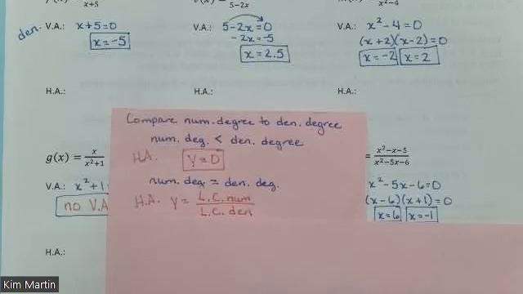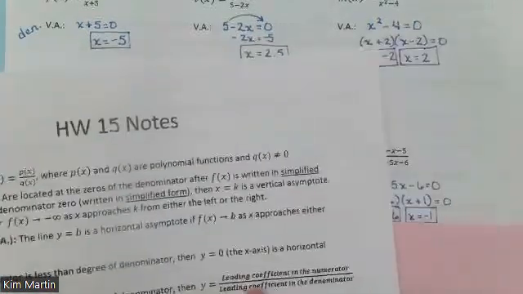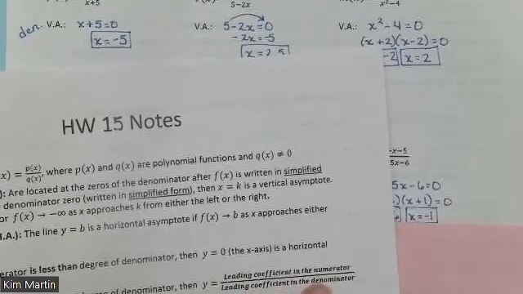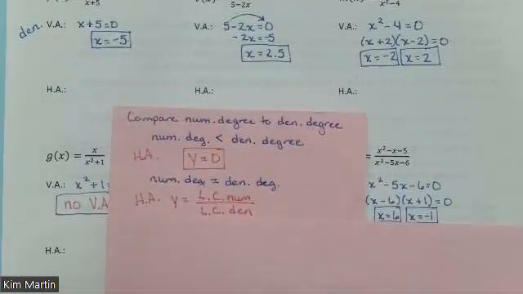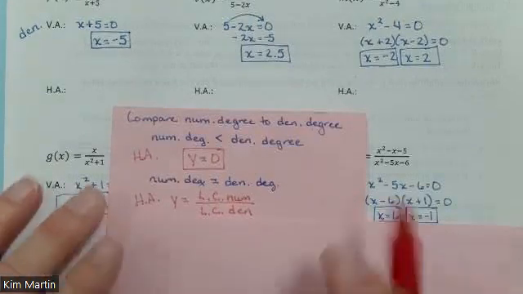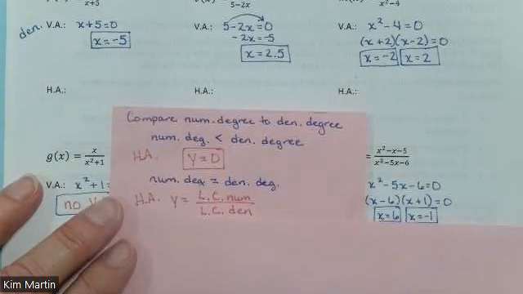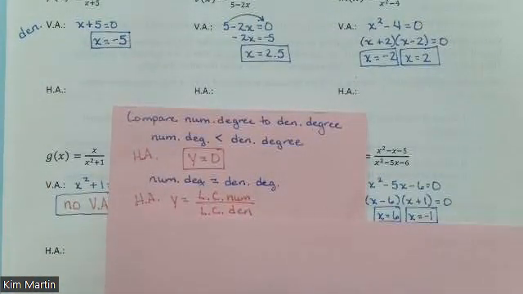If you look on the front page, you'll see leading coefficient of numerator in the numerator, leading coefficient in the denominator. I just didn't need that because I know what LC means to me. So you're going to have some constant there. It's going to be like y equals 2, y equals negative 1/3, something like that.